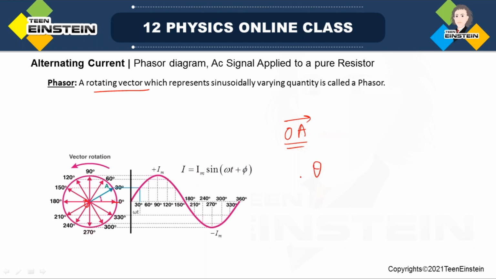Suppose theta is the angle between this x-axis, this x prime, and this y prime.